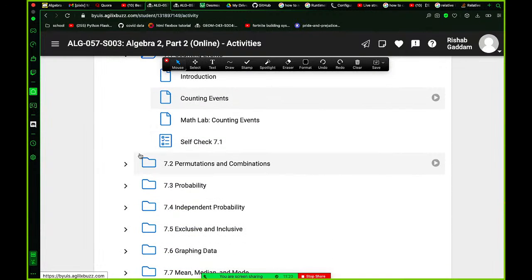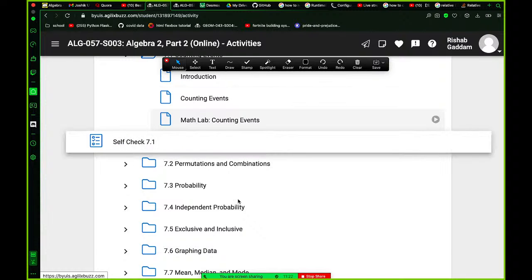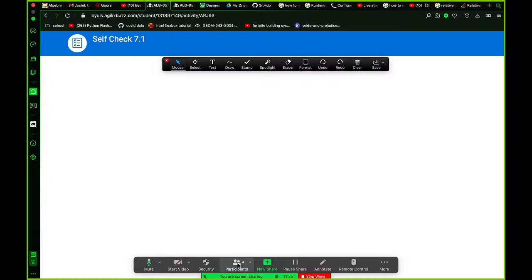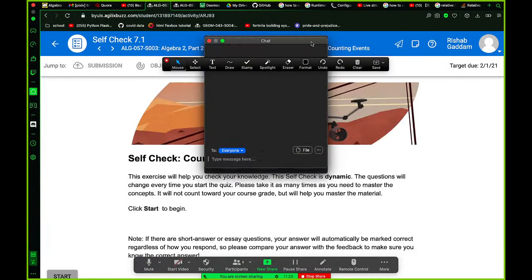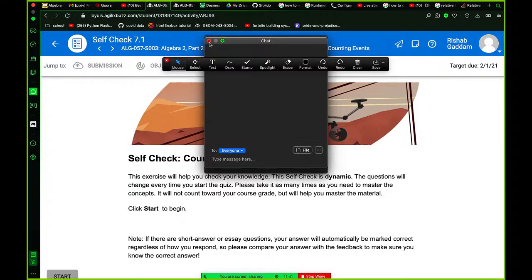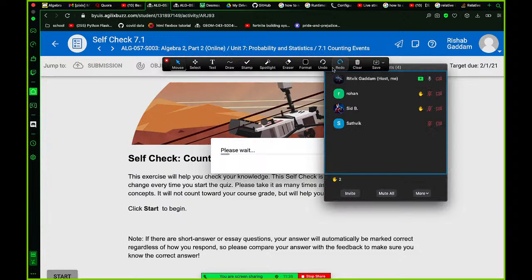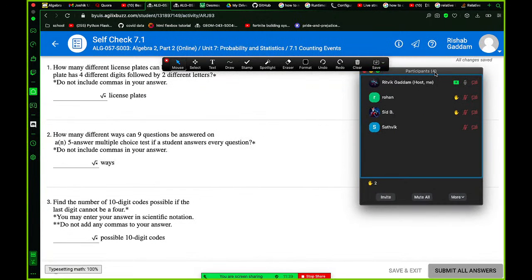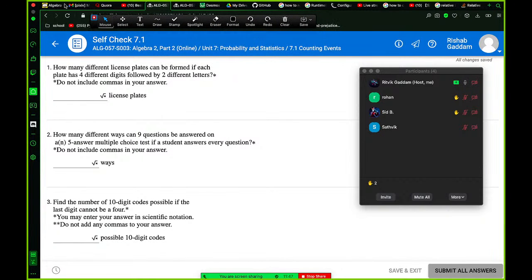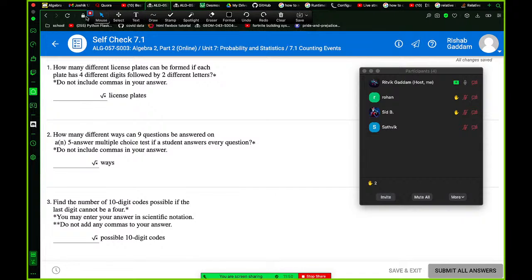So first of all, let's just do a self-check on this. If you want to do the first question, we're gonna look at it in just a second. There we go. Okay, so how many different license plates can be formed if each plate has 4 different digits followed by 2 different letters?